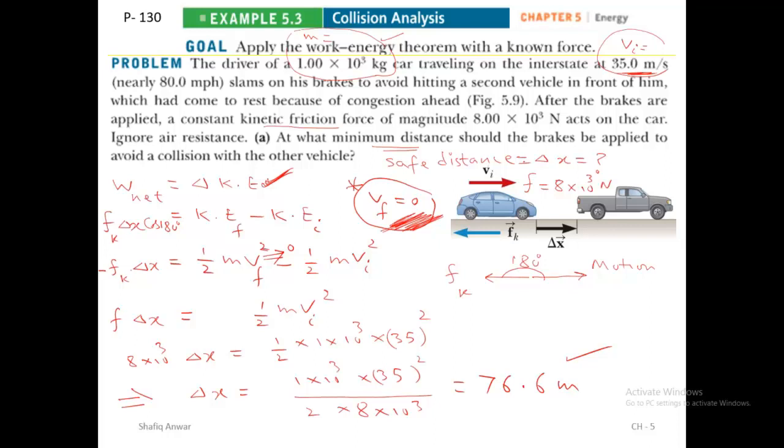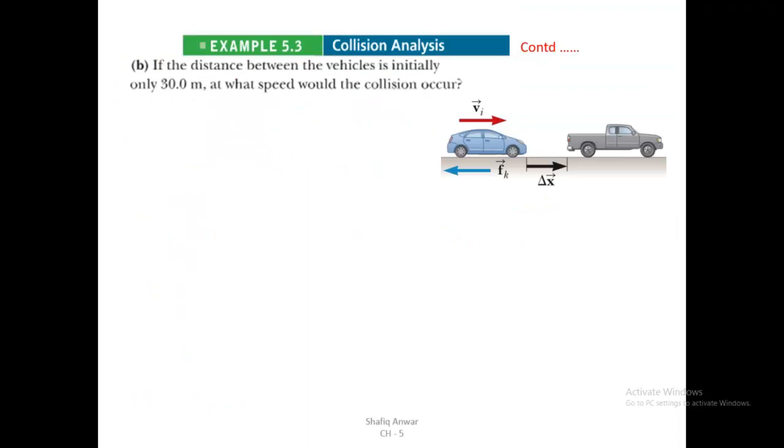Okay. Let's move to the... Is it okay? Should I move to the B part? B part. If the distance between the vehicles is this, now delta x is given to you.